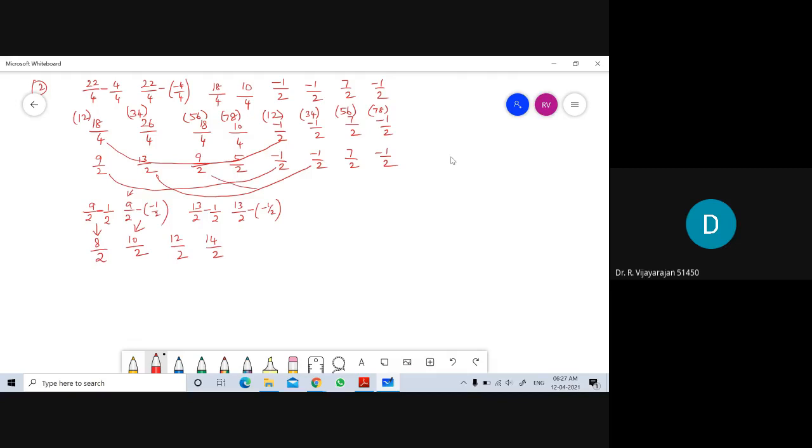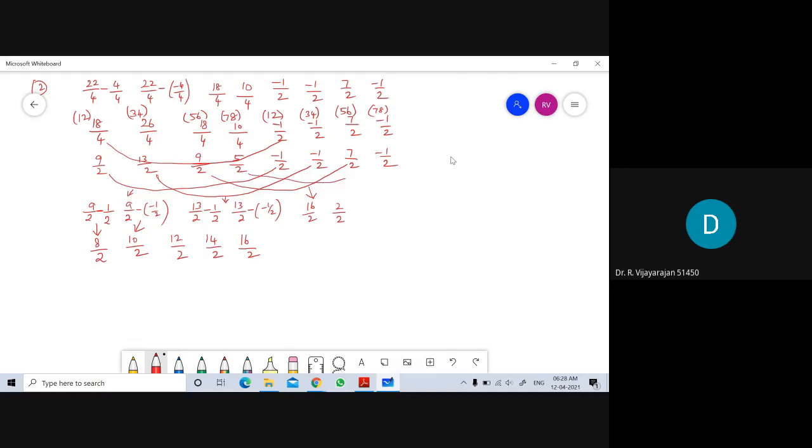Okay. Similarly, if you write this, it is 16 by 2. Then 9 by 2 minus 1 by 2, then it is going to be 2 by 2.